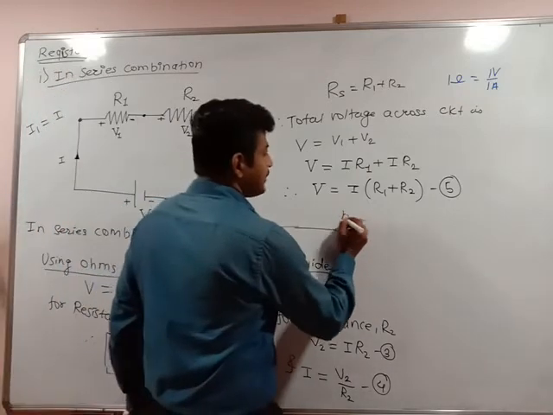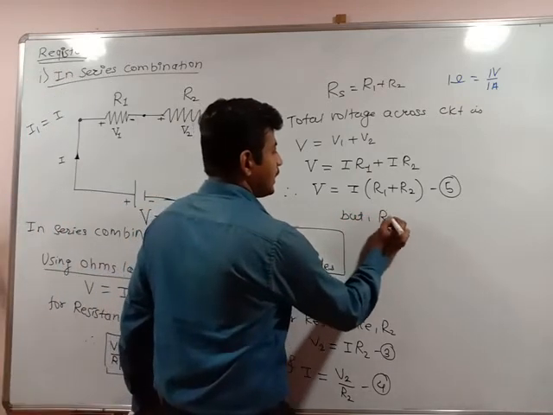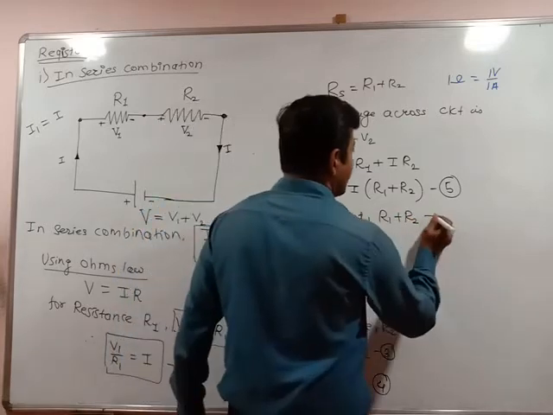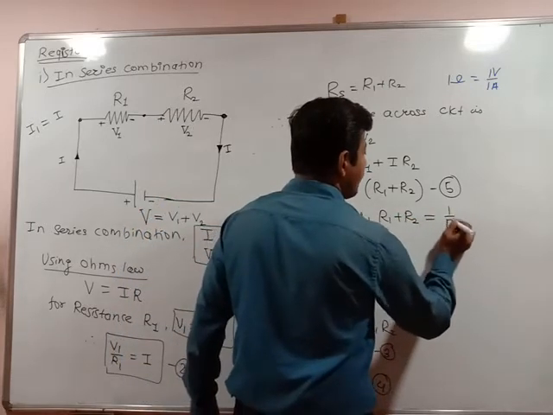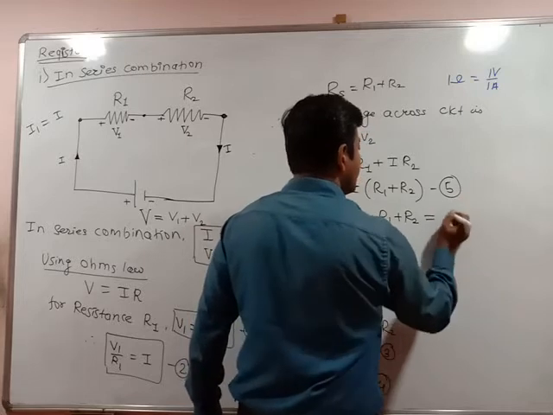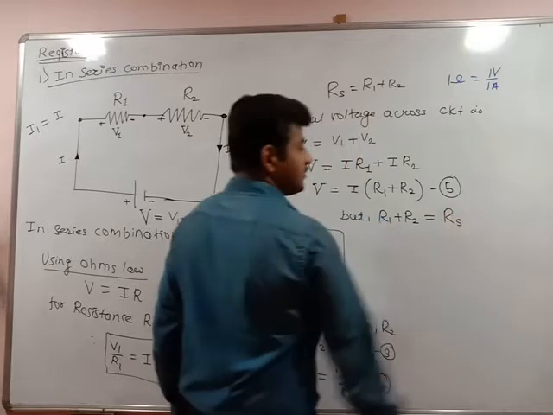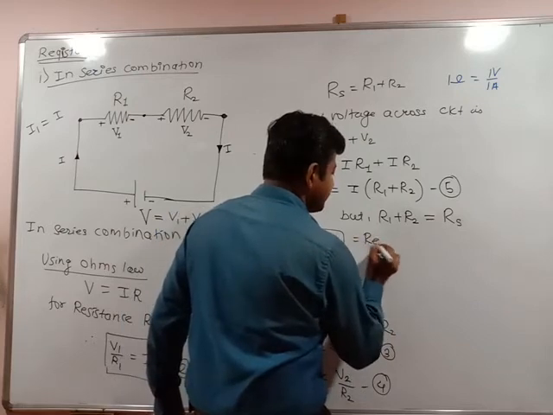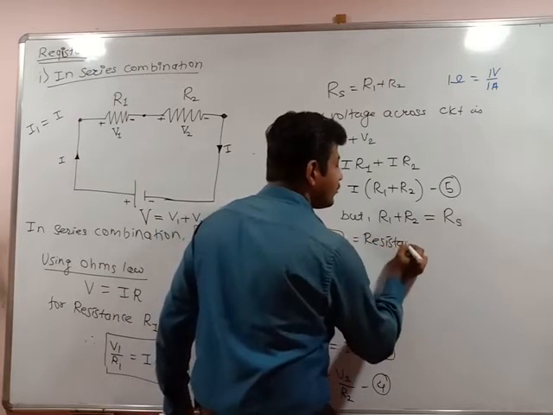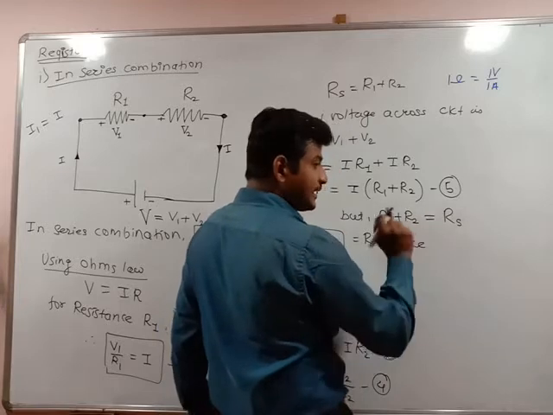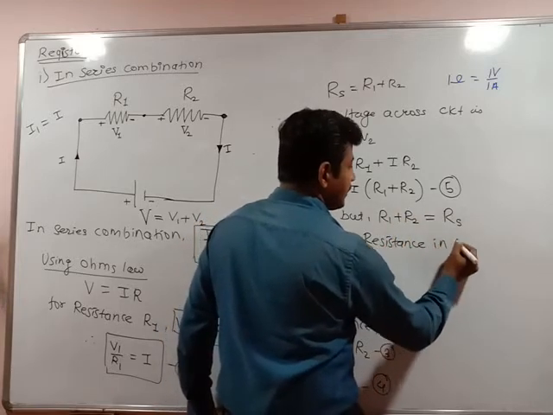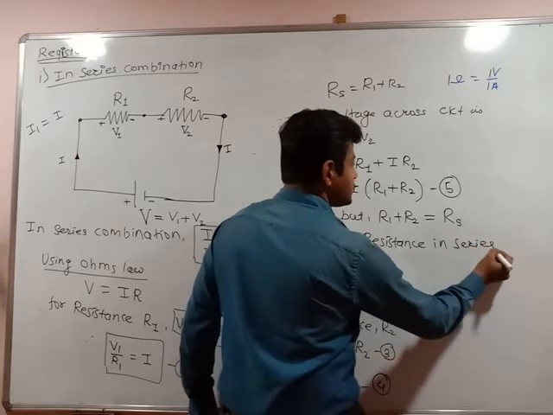But what is this R1 plus R2? It is the resistance in a series combination. R1 plus R2 is said to be the total resistance in a series combination. I can write this Rs as the total resistance or equivalent resistance in a series combination.